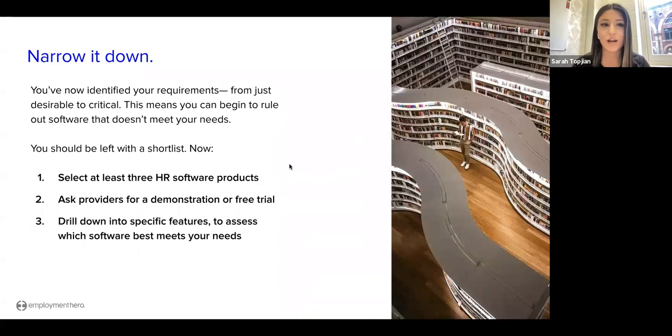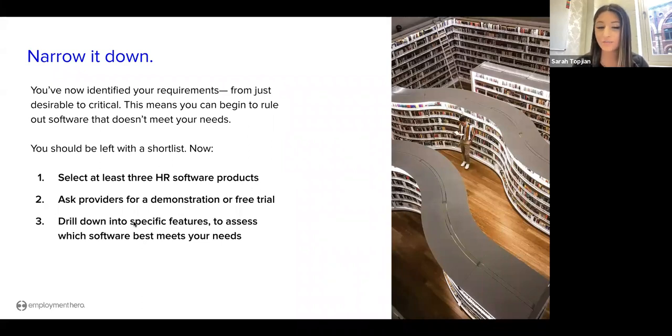Then what you want to do is narrow it down. So once you've got your requirements, as I was saying, you want to go out and actually seek vendors and look at a couple of products. Now here it says select at least 3 HR software products to compare. I've seen instances where people have just brought 2 side by side and shortlisted it down, so it's easier to make that decision. But it's totally up to you. I think 3 is a good number to look at.